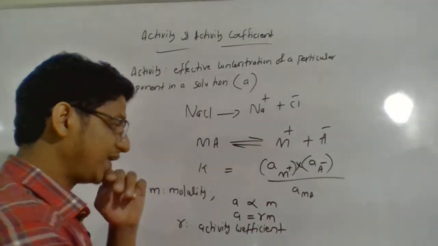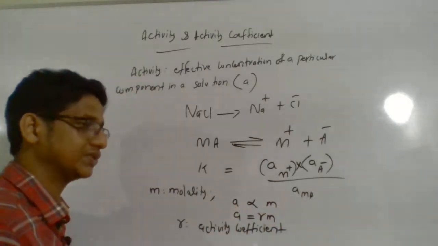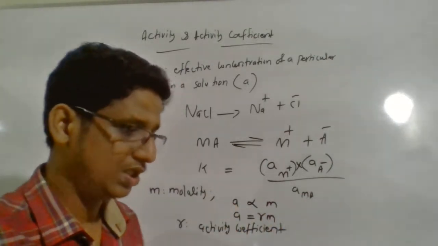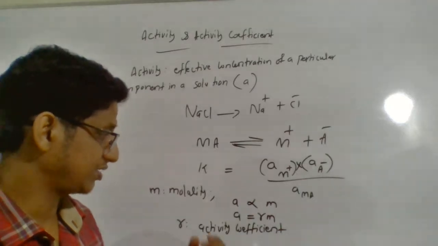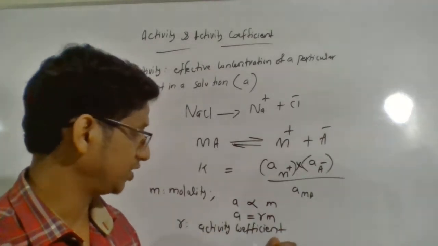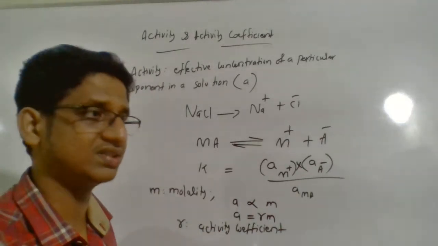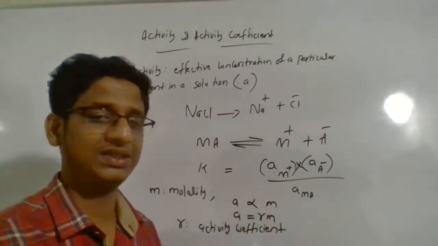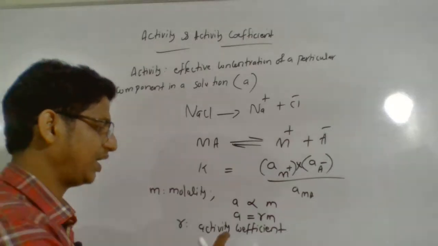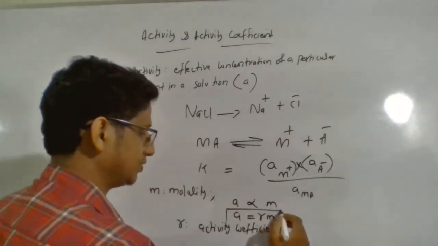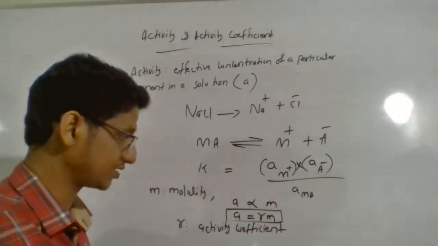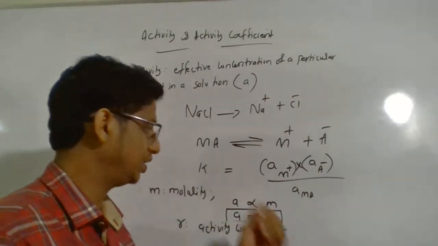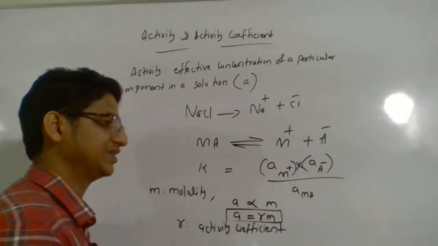So activity is a product of the activity coefficient and the concentration term, here molality. So we define a is equal to gamma m, a product of activity coefficient into m, that is molality here.